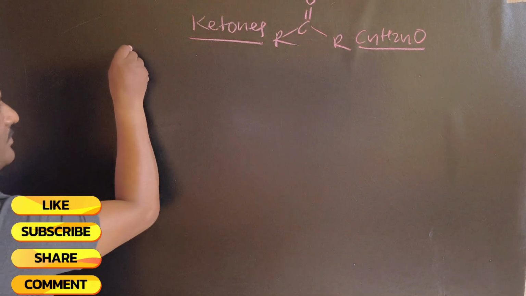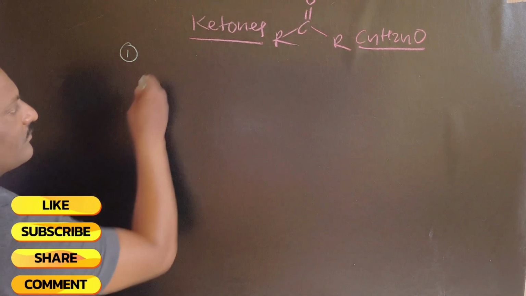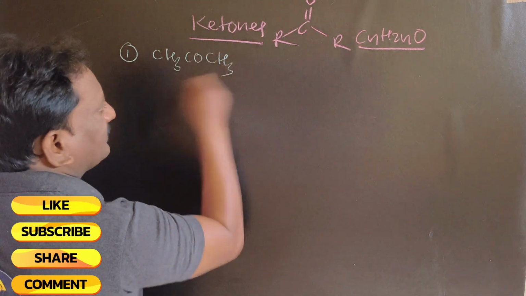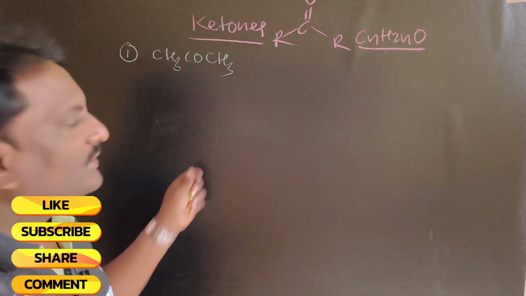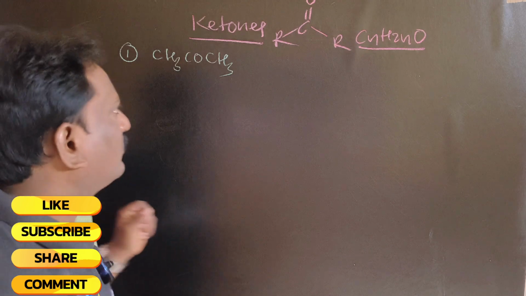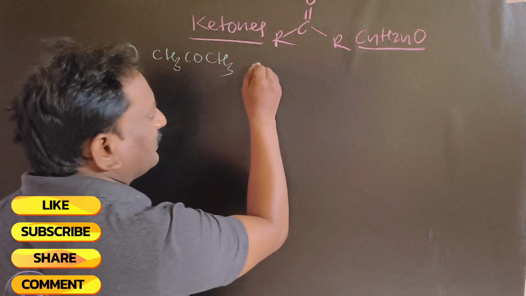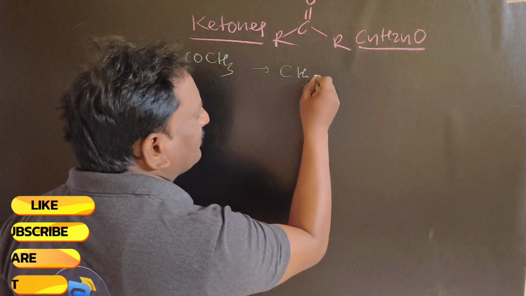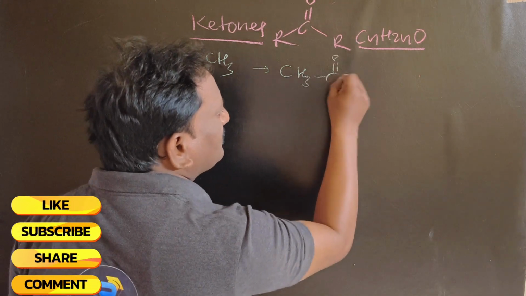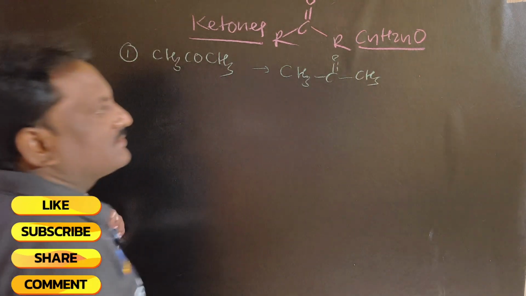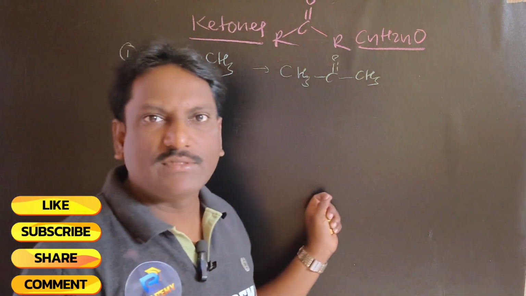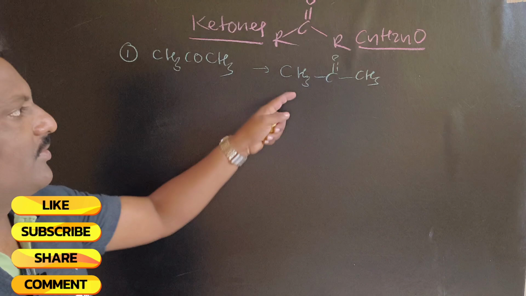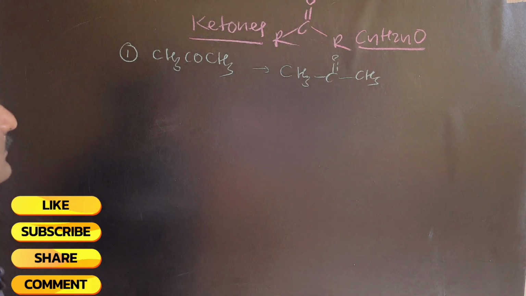Let us frame the first member of ketones, CH3COCH3. Here I would like to draw the detailed structure as well. We can write it like this: CH3, C double bond O, CH3.